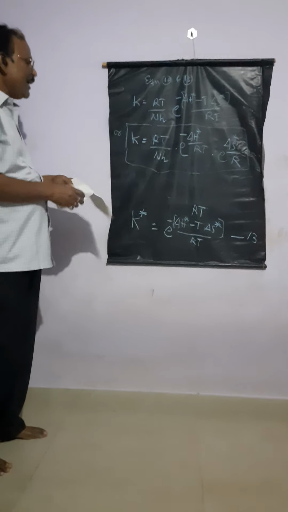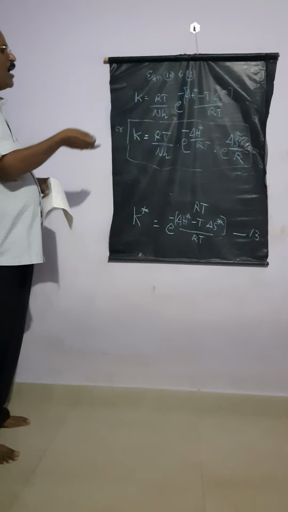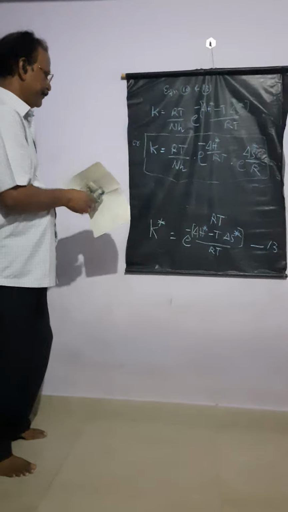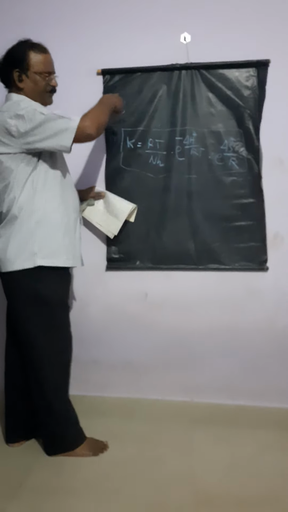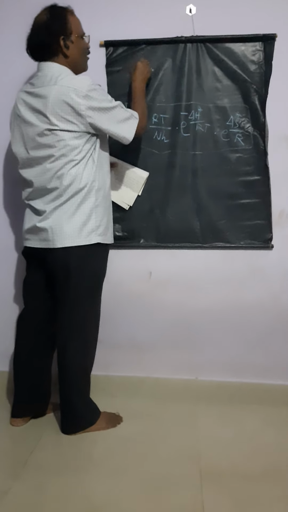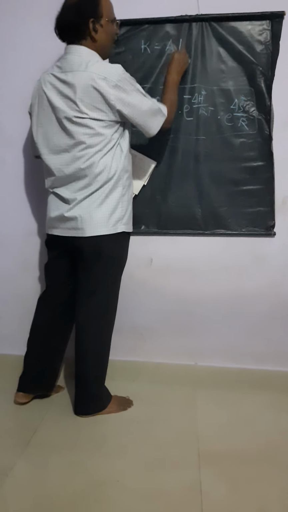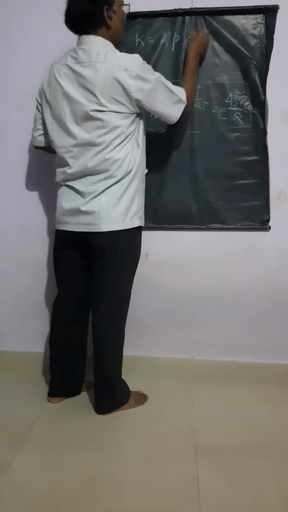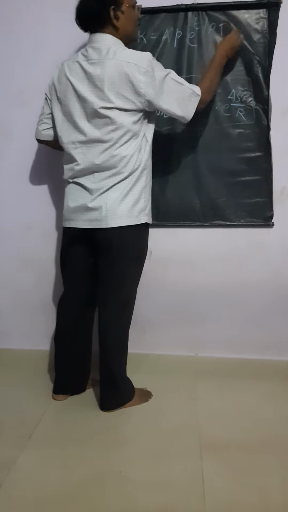Next is the comparison of transition state theory and the collision theory. According to the collision theory of bimolecular gas reactions, the rate constant K is given by the Arrhenius factor into the steric factor into e to the power of minus E by RT.